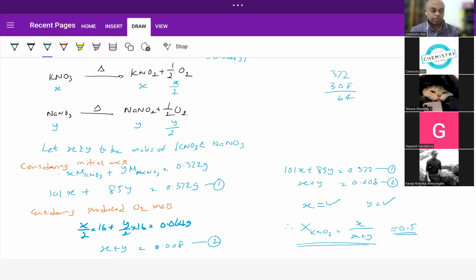Chemical calculation question, this one. In the Friday class as well, I am focusing mainly on chemical calculations and energetics.